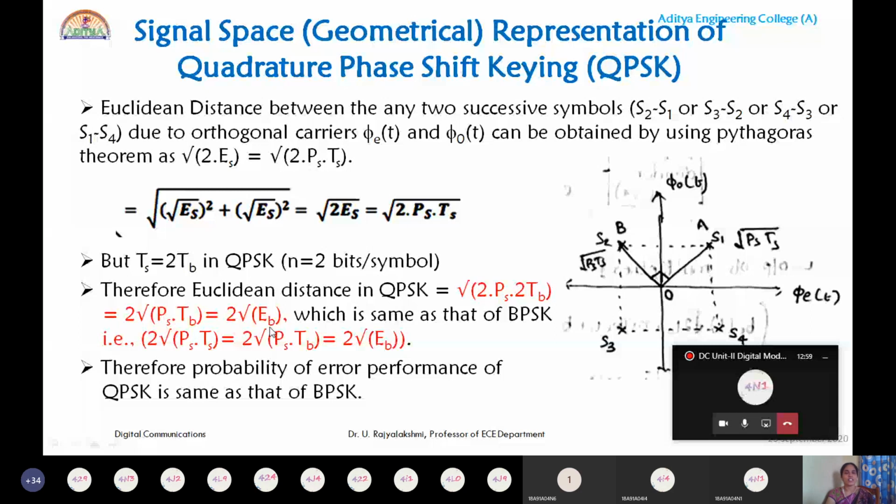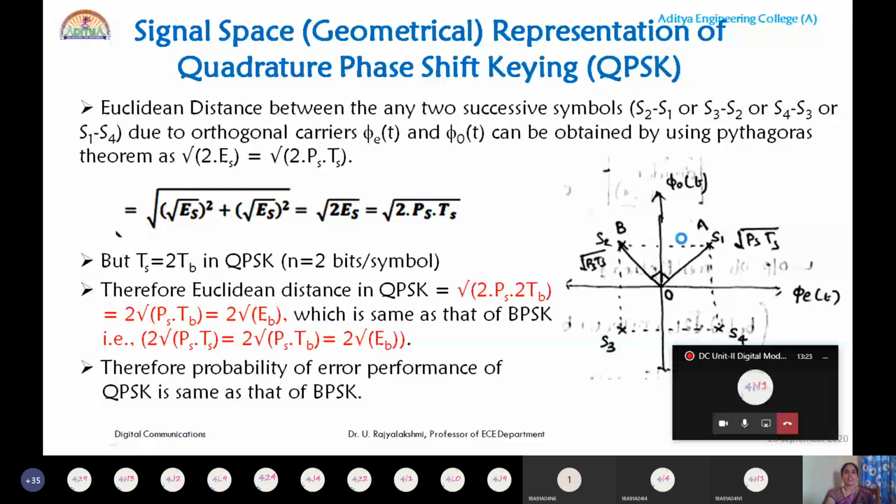So we can say that the Euclidean distance of QPSK is the same as that of BPSK. That's why the probability of error performance of QPSK is similar to that of BPSK, because both the Euclidean distances are the same. So what is the Euclidean distance of QPSK? 2 root(Eb), where Eb is Ps into Tb.